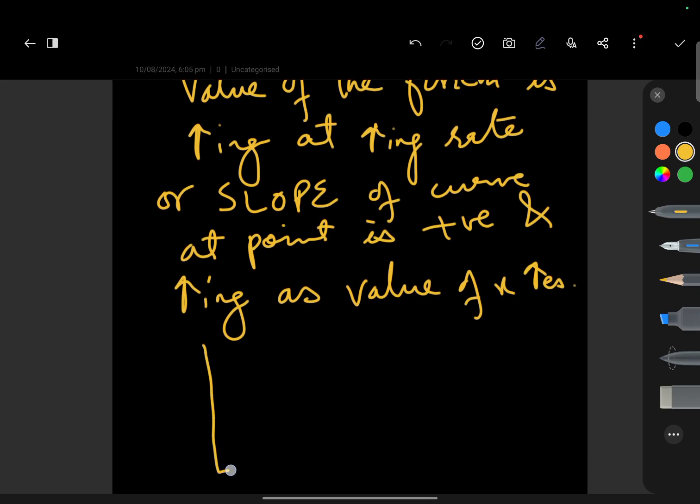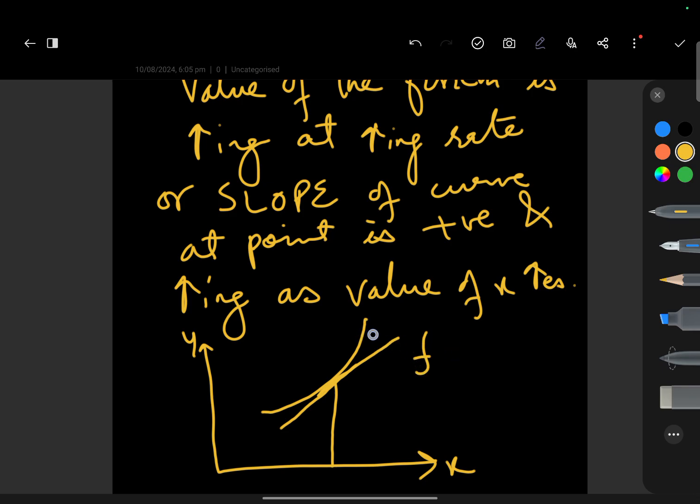This is the graph. This is our x-axis, this is the y-axis, and this is the function. We can draw the tangent like this. In this case, the curve is concave upwards, and steeper, or convex downwards. It is simply convex, we can say.